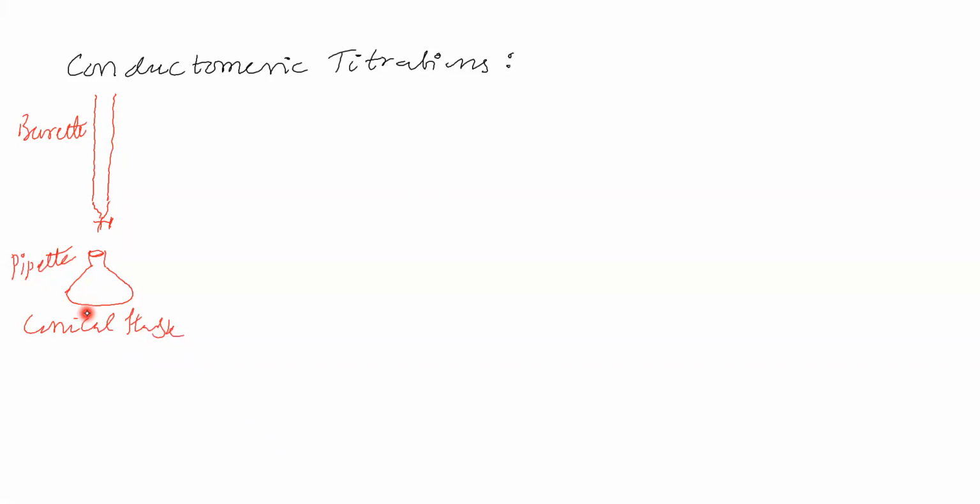In conductometric titration, the solution is connected to a conductivity cell. So to do that, we have to consider the conductivity cell, and therefore we will take another arrangement, which we will see.